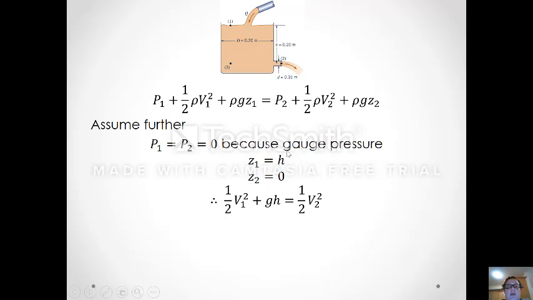I also happen to know that there's an H, a height difference between them. So if I set my coordinate frame to be here, Y pointing up, I know that that H, or Z1, is going to be H, and Z2 is going to be 0, because my coordinate frame is here for Z. Plugging all of that back into Bernoulli's, I find this expression.